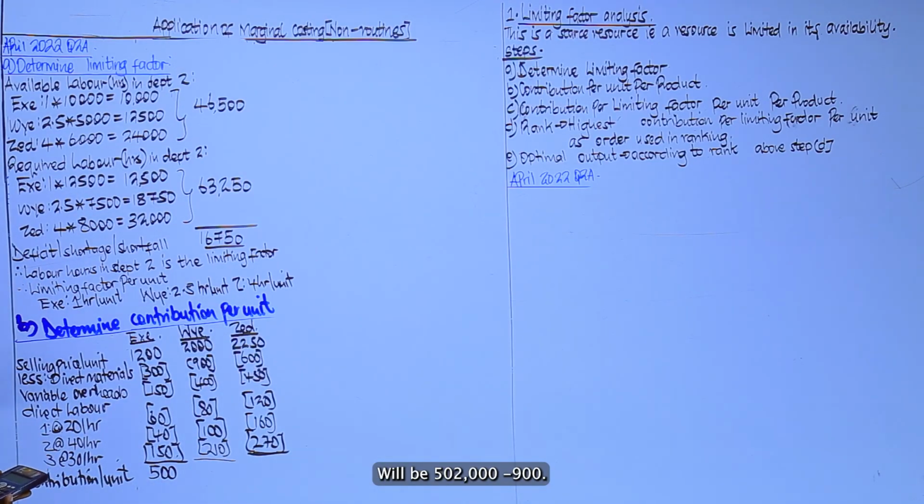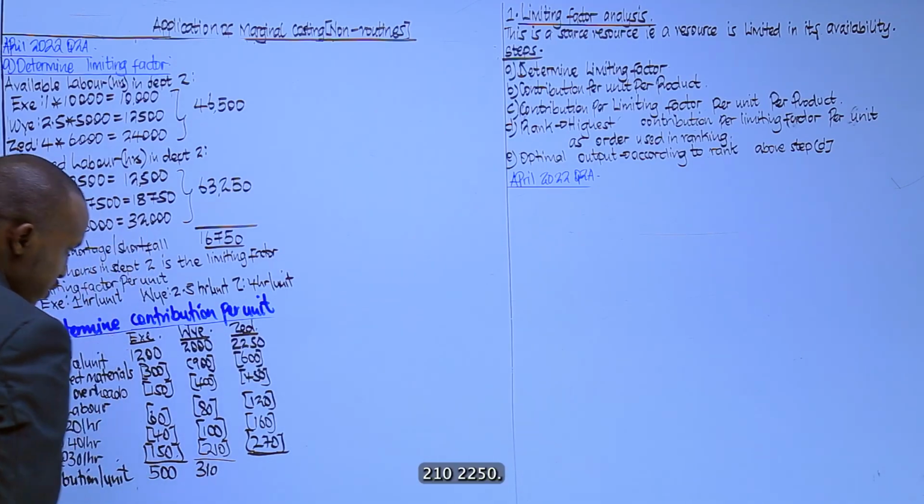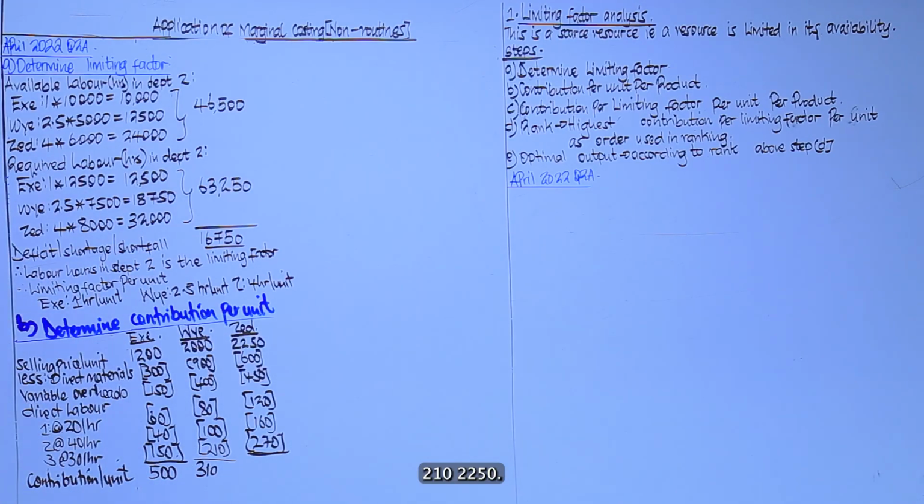2000 minus 900 minus 400 minus 80 minus 100 minus 200 and 10. 310. 2250 minus 600 minus 450 minus 120 minus 160 minus 270.